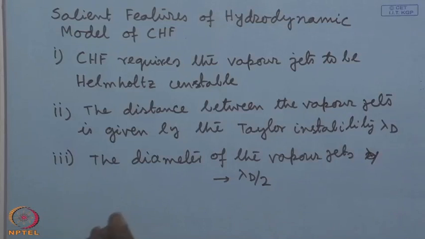So, these are very important assumptions: CHF requires the vapor jet to be Helmholtz unstable. When there is a growth of instability on the surface of the vapor jet, that means there will be growth of undulations, and when the wavelength becomes equal to the critical wavelength of Kelvin-Helmholtz instability, we will have collapse of this pattern, and then we will have the critical heat flux.